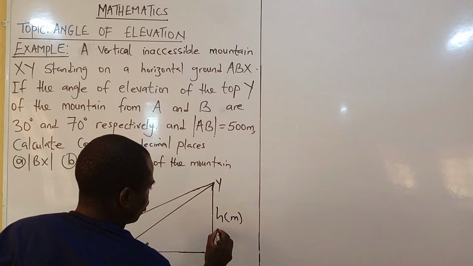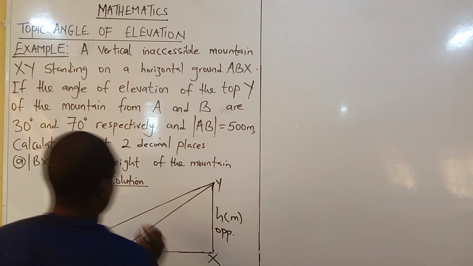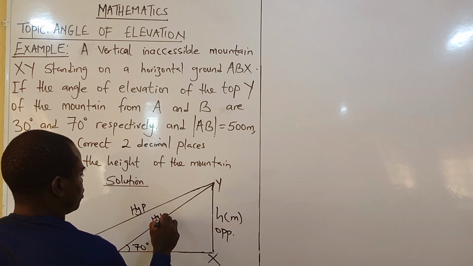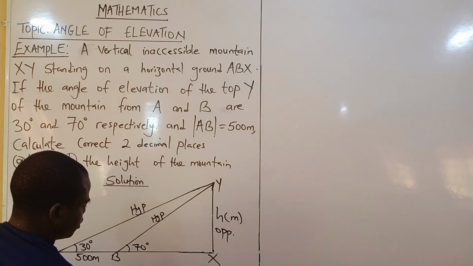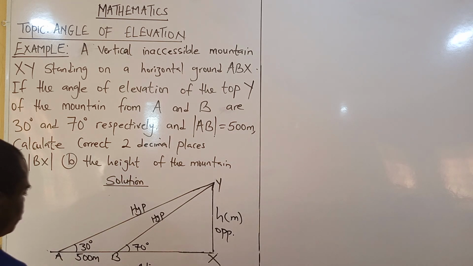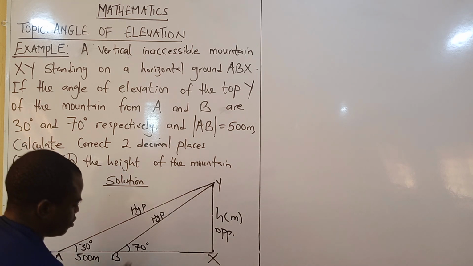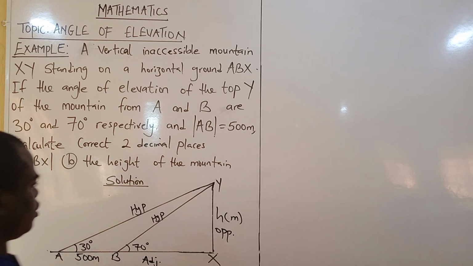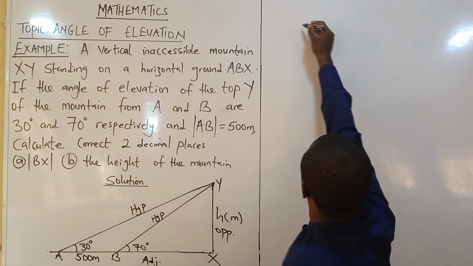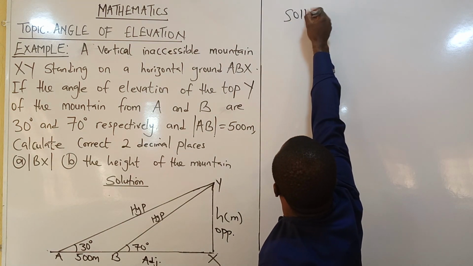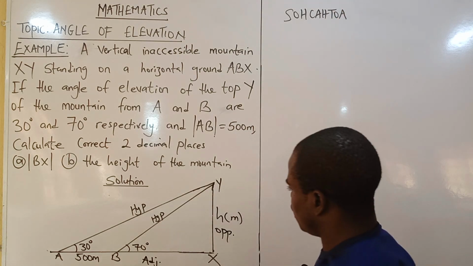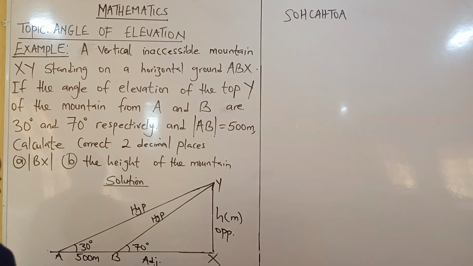Now don't forget that this is the opposite, this is the hypotenuse, and this is the adjacent. Now we are going to follow SOH CAH TOA.